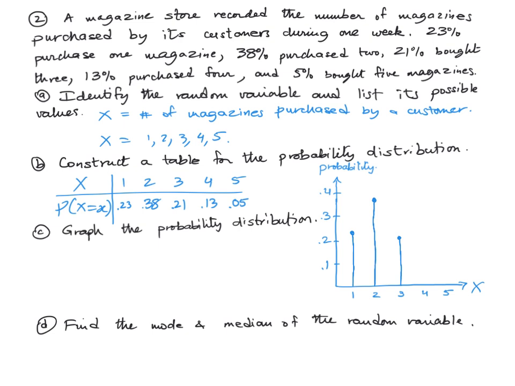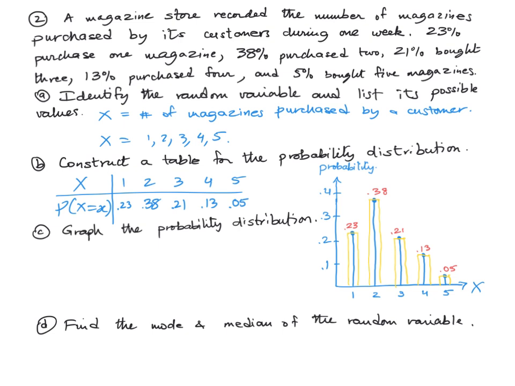And then over the 4, a spike that goes up to 0.13. And finally, over the 5, a spike that goes up to 0.05. So this is called a spike graph for the probability distribution. It just has the x values and then the probability values on the vertical scale. And instead of drawing rectangles, I drew spikes.